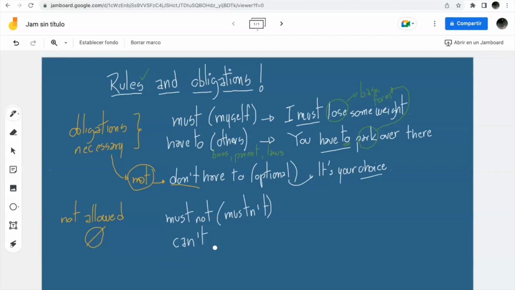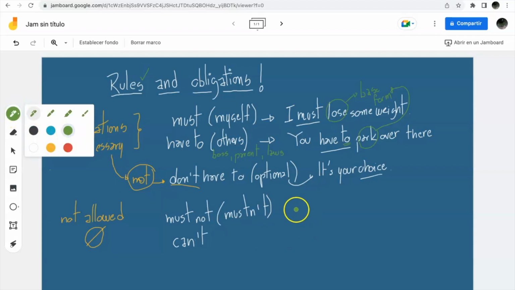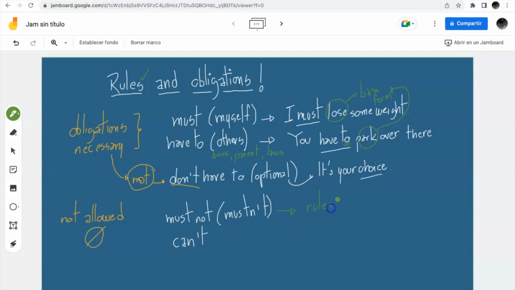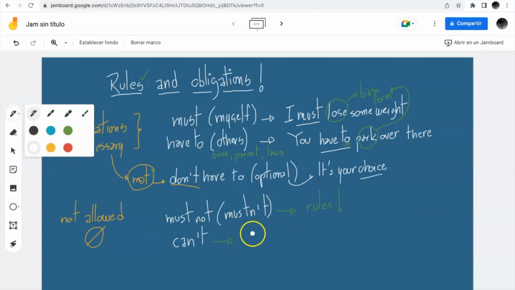So, must not. What are the rules? Simple. Must not obeys rules. You must not do that. And can't talks about prohibitions, right? Also about rules, right? But once again, this answers the question as if this is a choice or not.